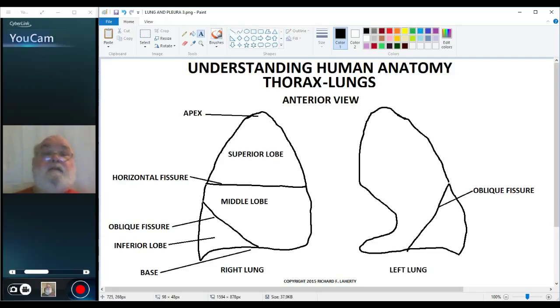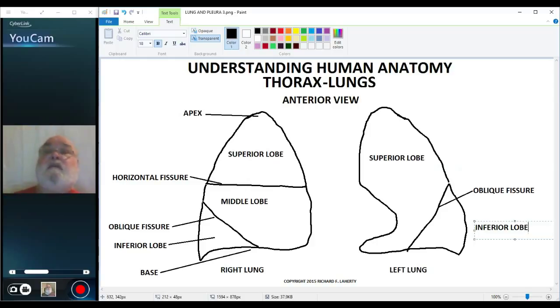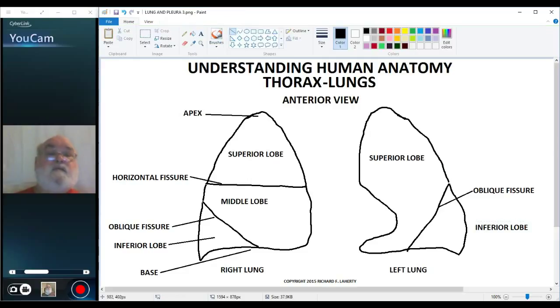We have the superior lobe of the left lung, and then we have the inferior lobe of the left lung. Like so.